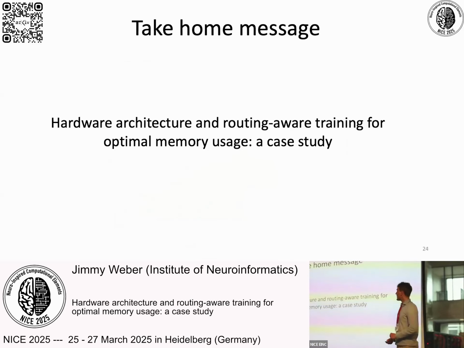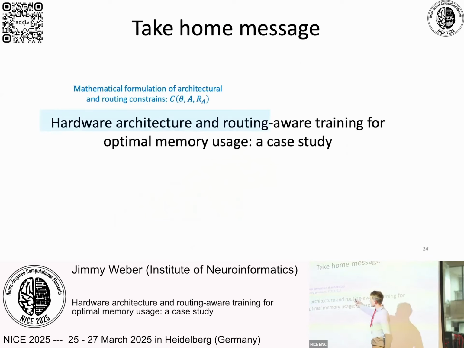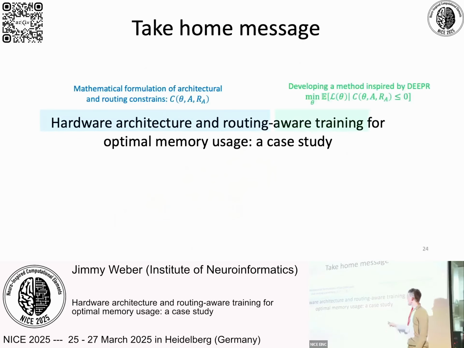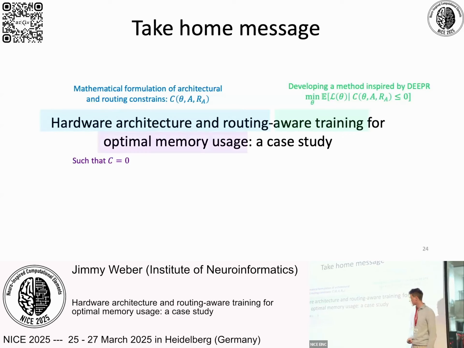Finally, here is the take-home message. So here was the title, Hardware Architecture and Routing Aware. So we did hardware architecture and routing because we were able to characterize our constraints through this function, the C. We did aware training since we developed this inspired by the DEEP R method where we are minimizing the loss, respecting those constraints.